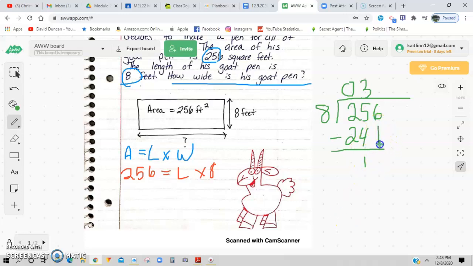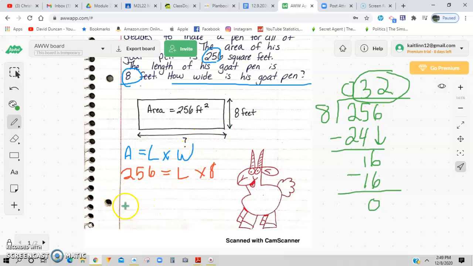Now I need to bring down this 6. How many times can 8 go into 16? I can go in there 2 times. Okay. 8 times 2 is 16. Subtract 16. 16 minus 16 is 0. My final quotient is 32. So that means that the length of Isaiah's goat pen is 32 feet.